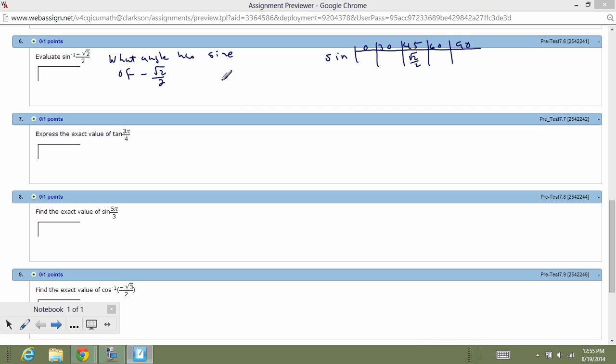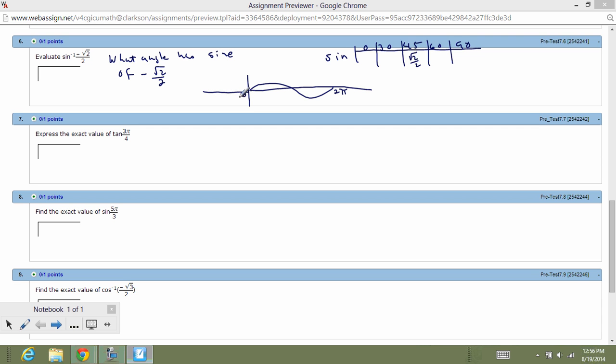And if you look at the sine graph, we've presented it a couple times. Sine, as you run from 0 to 2 pi, looks like this. And you should be familiar with that. But since we want a negative value, and we want this inverse to be a function, we have to restrict the domain.